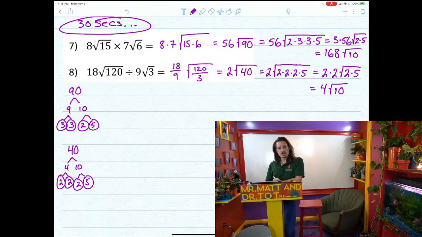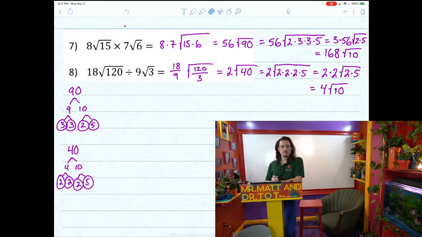So the square root of 90 is the same thing as the square root of 2 times 3 times 3 times 5. So we have a pair of 3's underneath the radical. We can pull 1 out for that pair. So it's going to turn into 3 times 56 times the root of 2 times 5. 3 times 56 is 168. 2 times 5 is 10. So our answer is going to be 168 times the square root of 10.